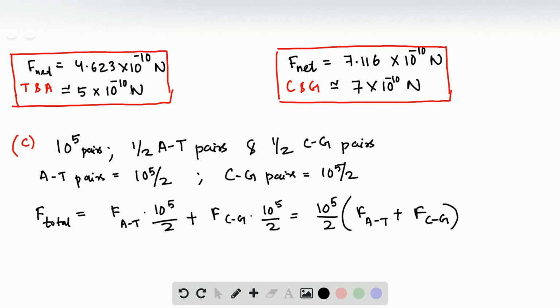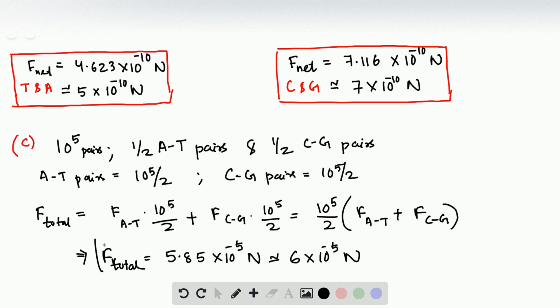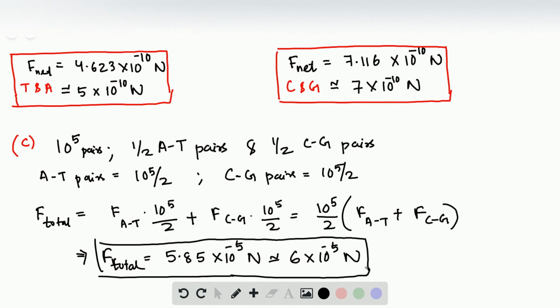Then simply we can plug these values into this equation and we get F total to be 5.85 times 10 to the power minus 5 Newton, or we can approximate it to 6 times 10 to the power minus 5 Newton. So this is our answer to the third and last part.